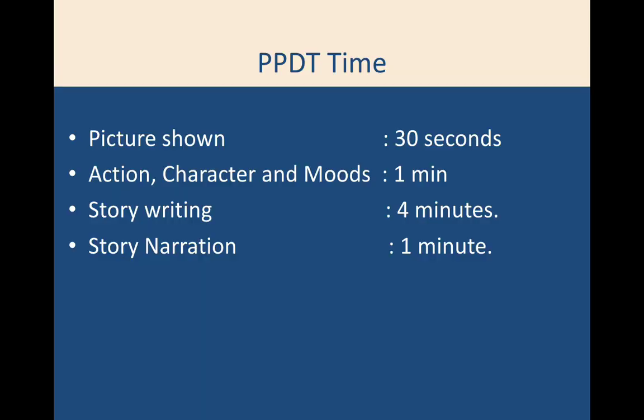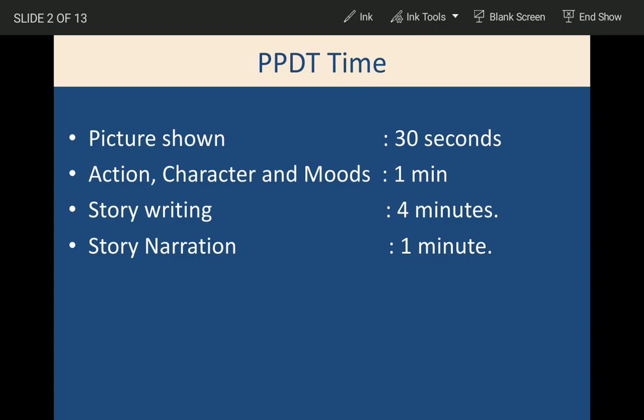And what you should try to do is perceive the picture properly. That is most important. The timings for PPDT are shown. So you get about 5 minutes 30 seconds time to complete the story, and then 1 minute is for narration.